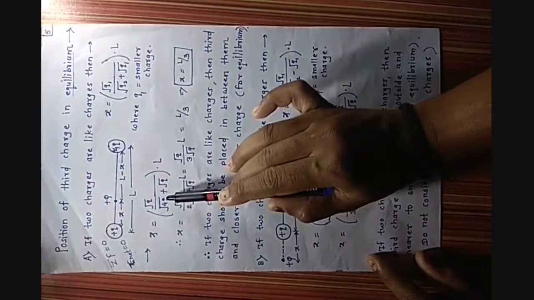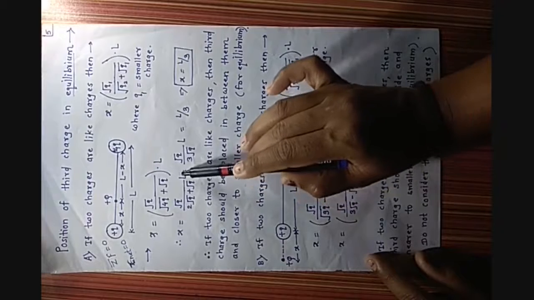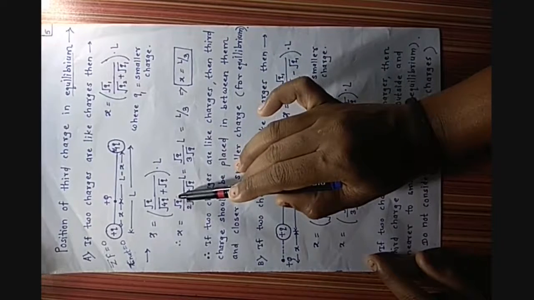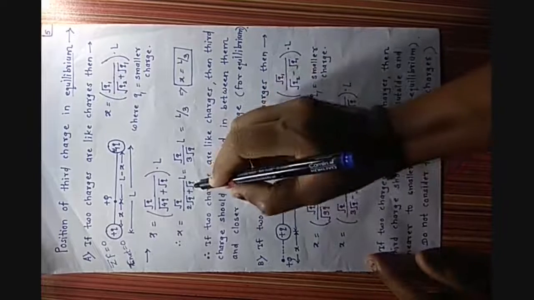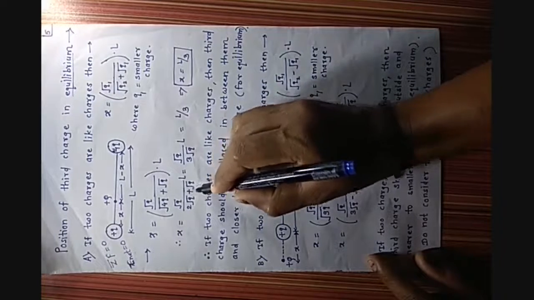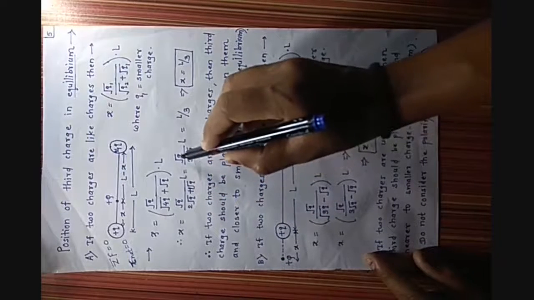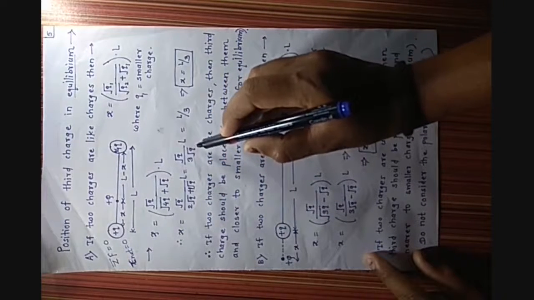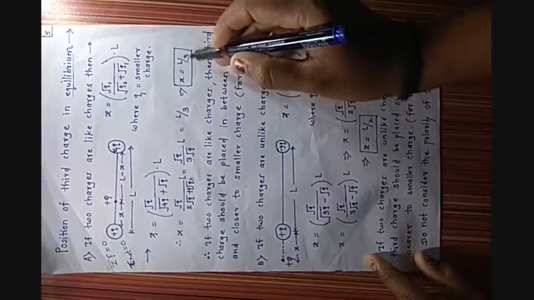Root 4Q means 2 into root Q, plus root Q, into L, and in the numerator there is root Q. So 2 root Q plus root Q means 3 root Q. Root Q gets cancelled, and we get x equals L by 3.